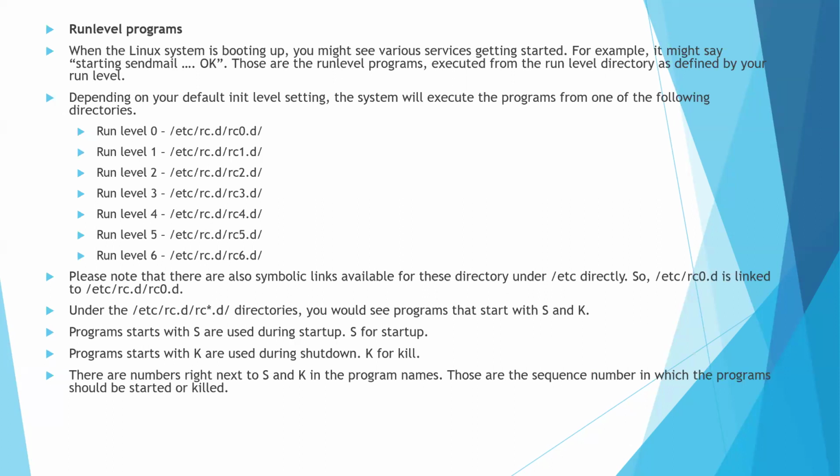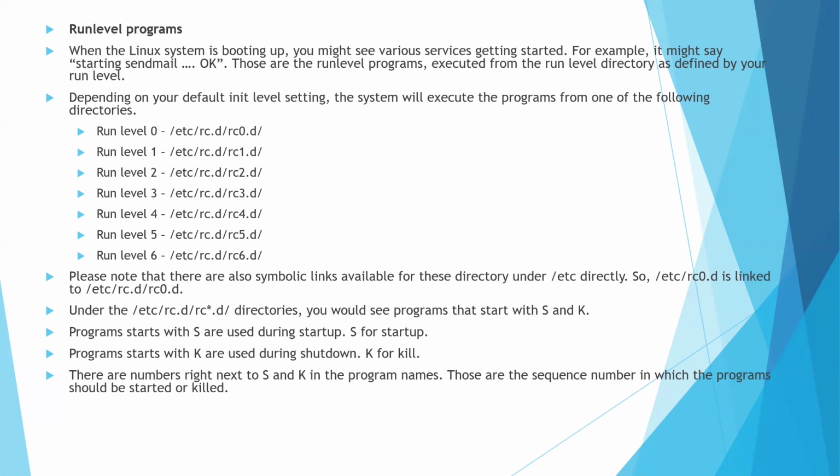If you want to see the complete details, go to /etc/rc.d: rc0.d for run level 0, rc1.d for run level 1, and so on. rc.d is the main directory, and under it you can see subdirectories based on the numbers 0 to 6 for the run levels. You can see the symbolic links as well.